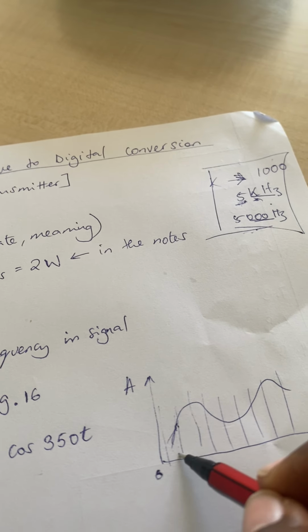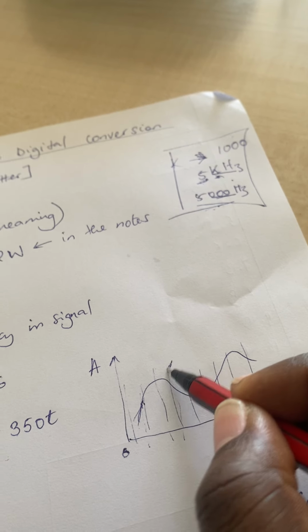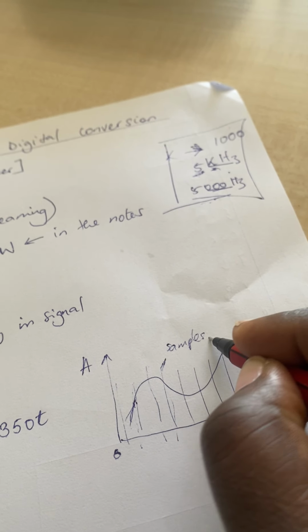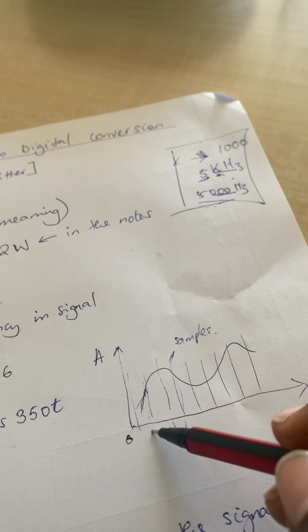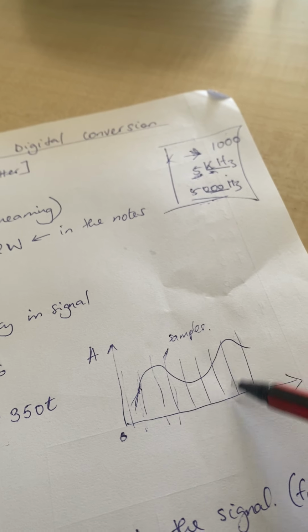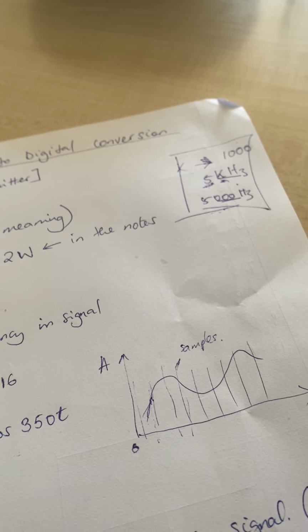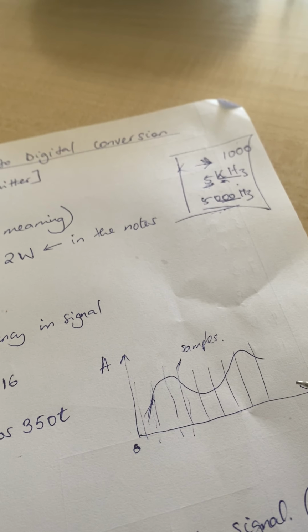Okay, so these lines that I'm drawing here, these divisions, are what we're calling samples. And if we say the sampling frequency, we are simply saying how many times is this signal divided in these equal parts. How many times are we sampling the signal?